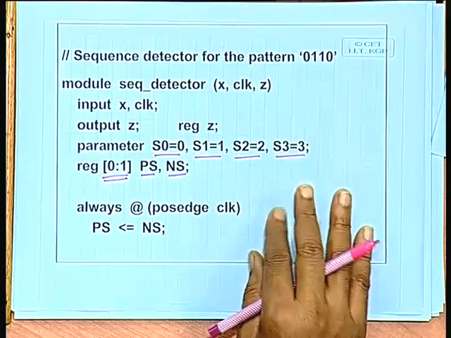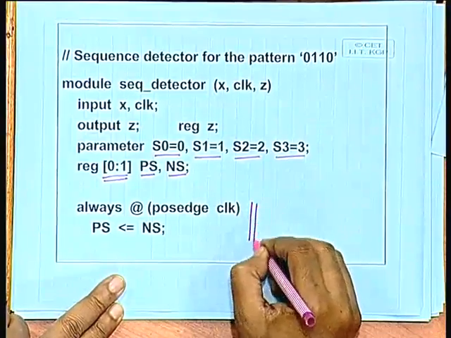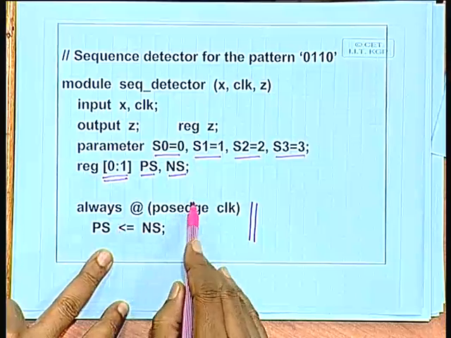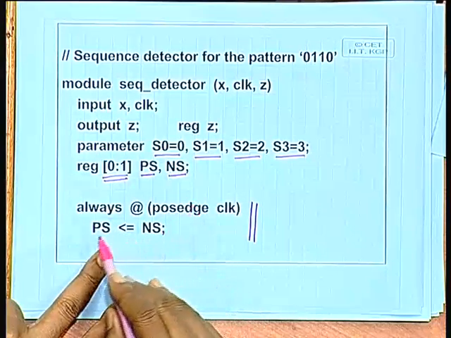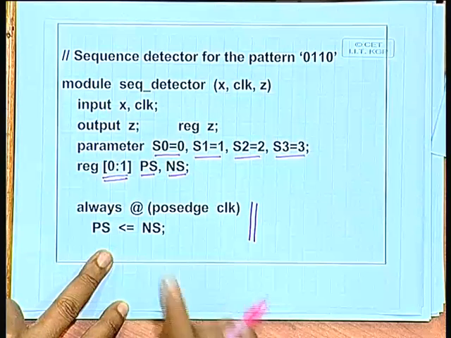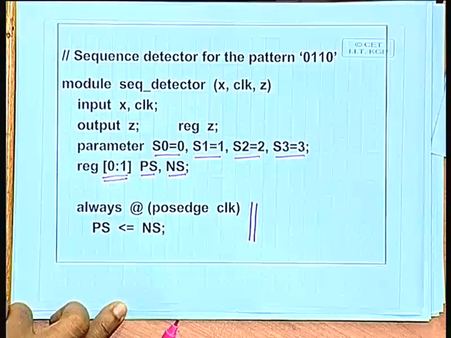This is the style to be followed for Mealy machine. In the first one, we simply give an always block where whenever there is a clock, the next state gets transferred to the present state, nothing else. The next state becomes the present state.